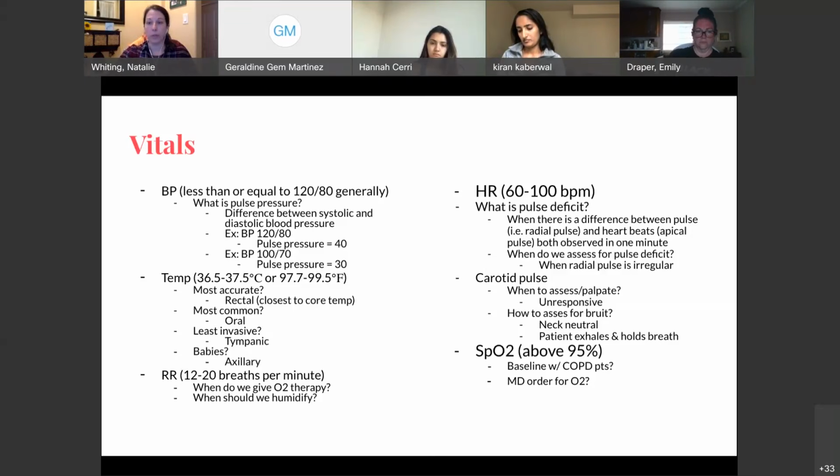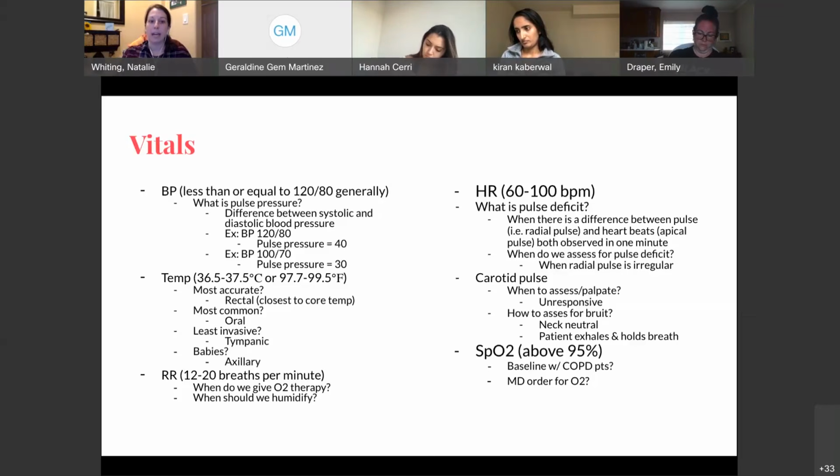You want to really closely monitor their thermal regulation because they can become hypothermic very easily. The most common route we use to take temperature is oral. The least invasive is going to be tympanic. I'm sure you guys remember that from being in the peds office when you were a kid and having them do the temperature readings through your ear, right?